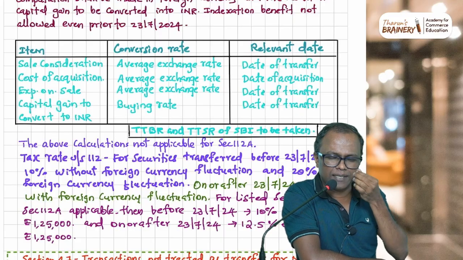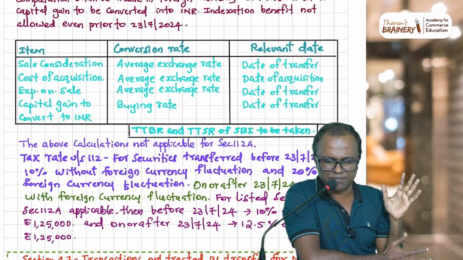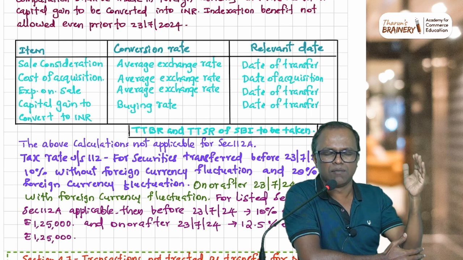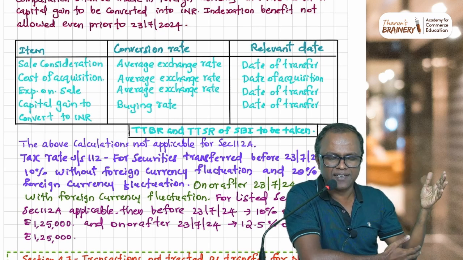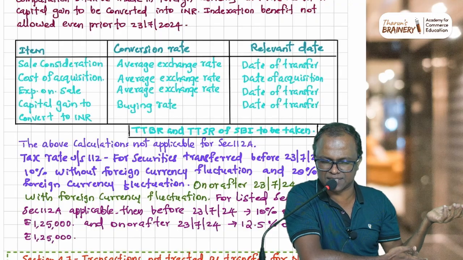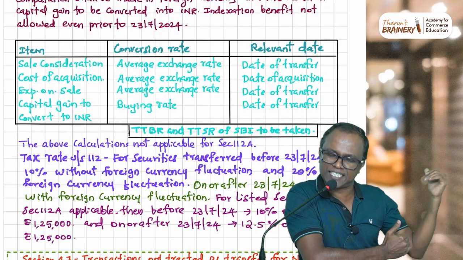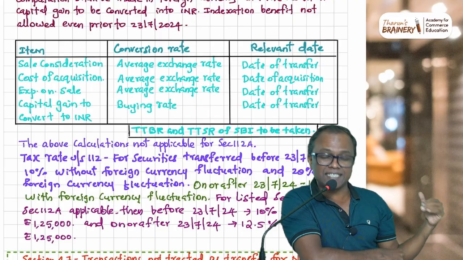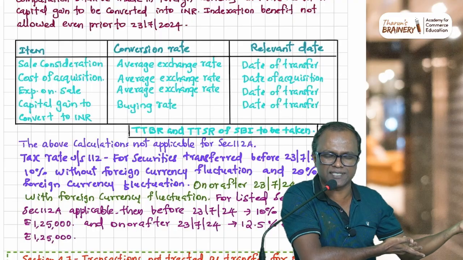So for example, a Mauritius company holds major shares of an Indian company. 51% of the Indian company is held by a foreign Mauritius company. That Mauritius company's shares are held by a German resident. So the German resident is the shareholder of a Mauritius company. And that German resident transfers the shares of that Mauritius company to another German resident, and the transfer happens in Germany or maybe in Mauritius.